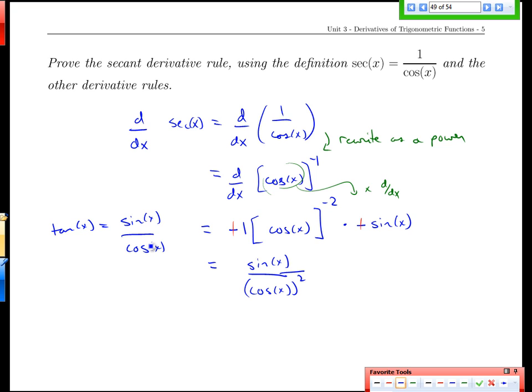So if we simply repackage what we have here, we have 2 coses, so we can break it into 1 over 1 cos times sine of x over the other cos. Same thing, cos times cos would be cos squared, sine times 1 would be sine, and this is secant of x times tangent of x.